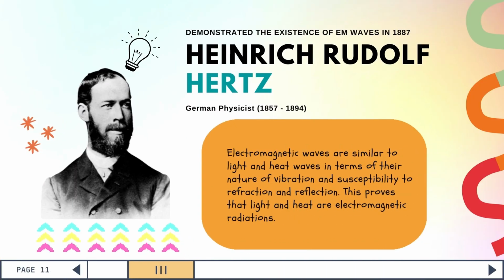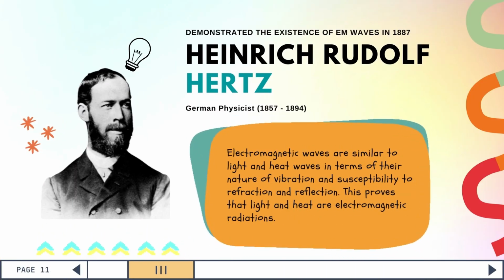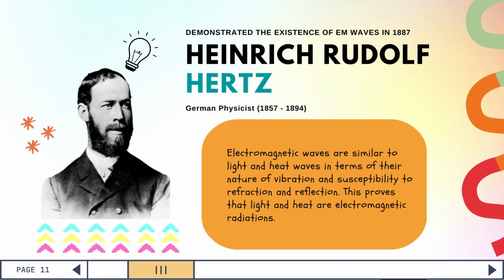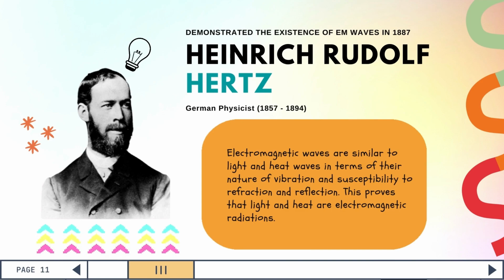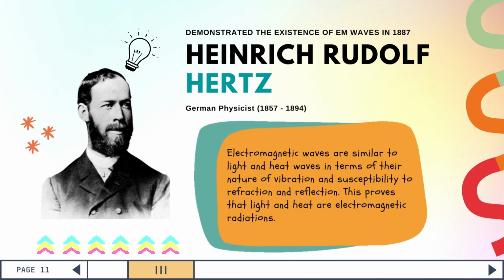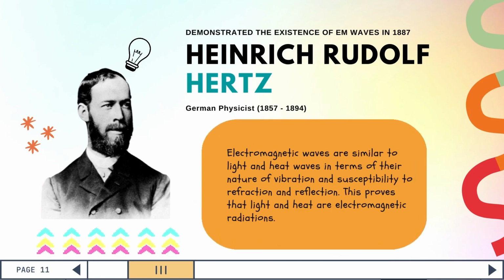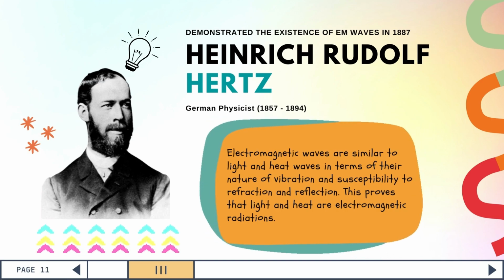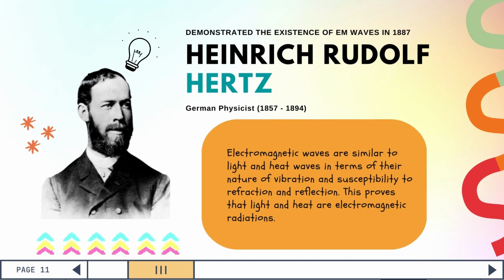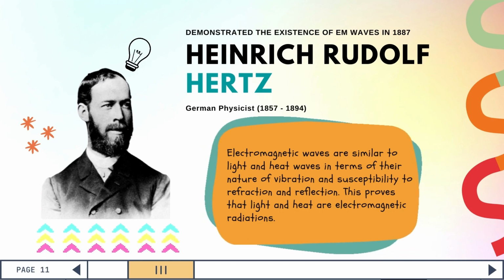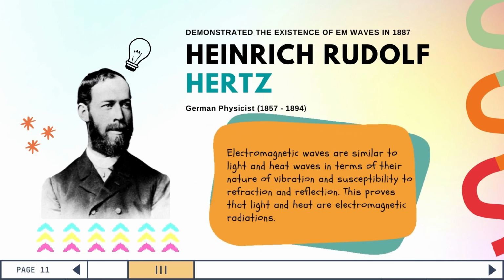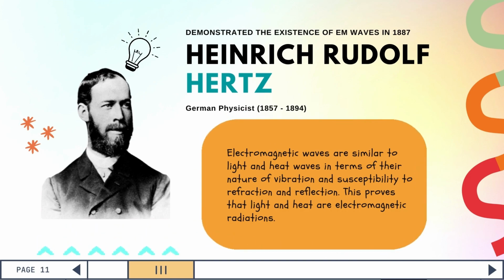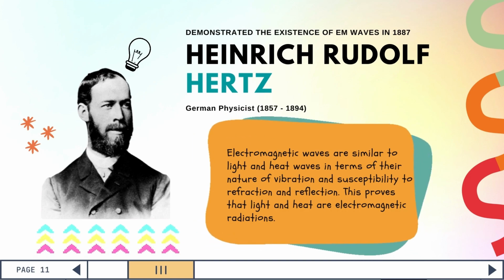In the year 1887, German physicist Heinrich Hertz proved the existence of electromagnetic waves, thus validating the formulated theory of electromagnetism. Hertz's experiment consisted of an induction coil and a Leyden jar, which was the original capacitor, to create an electromagnetic wave and a spark between two brass spheres to detect them.